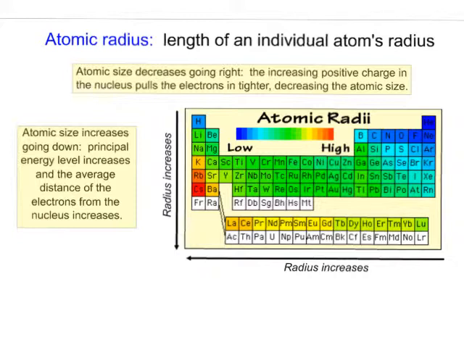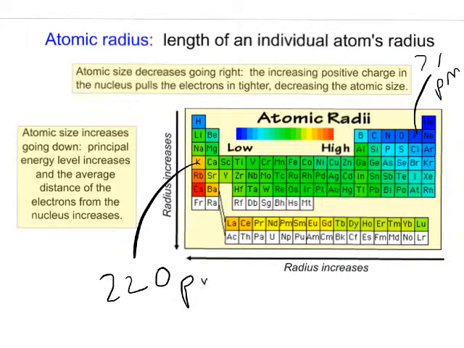Just to give you some numbers, let's write a couple of numbers down here. Fluorine happens to be 71 picometers, and a picometer is 10 to the negative 12th meters. Let's look at potassium, which is 220 picometers.